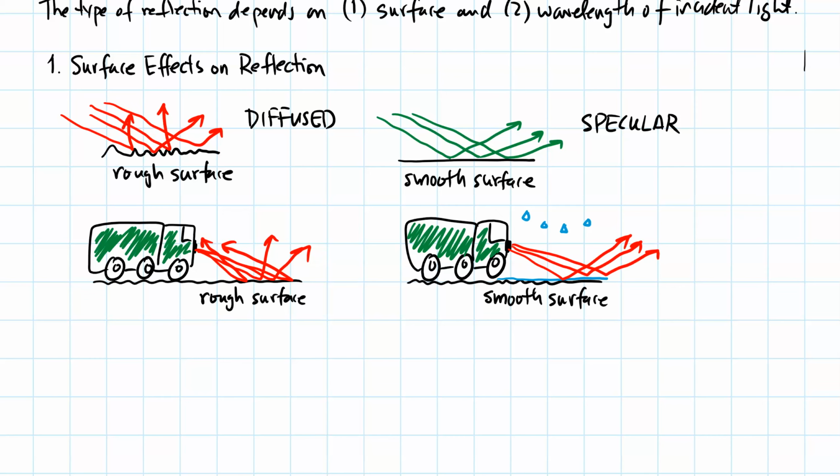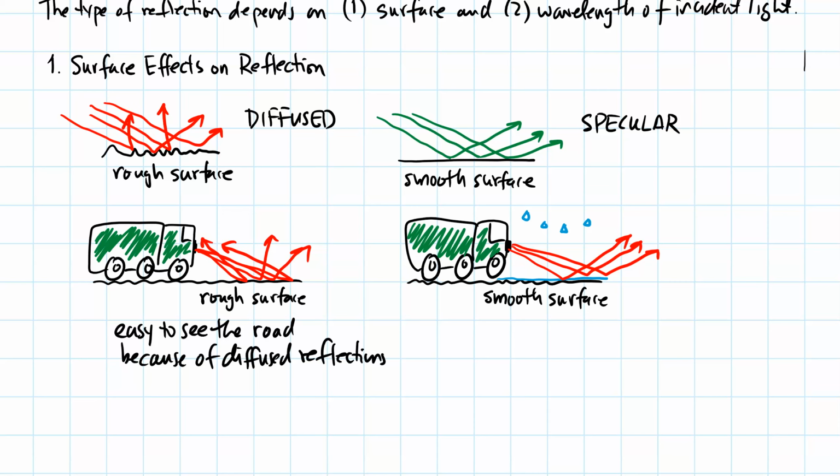And so in this situation, it's easy to see the road because of diffused reflections. In this situation over here, it's hard to see because most light goes forward.